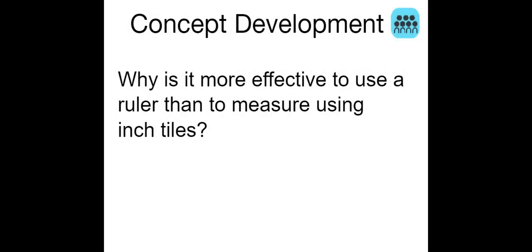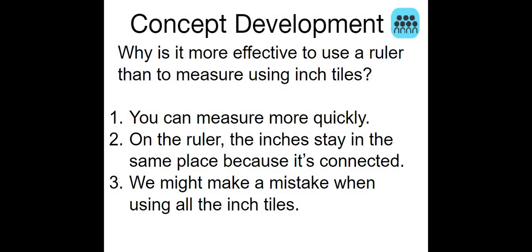Why is it so important or more effective to use a ruler to measure versus using inch tiles? Pause and take a minute. There's several reasons. You can measure more quickly. It's faster to use a ruler versus moving the tile every time.